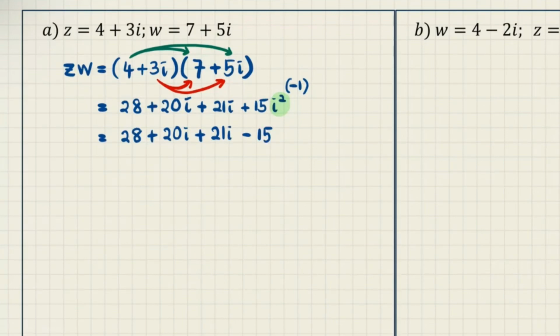Okay, kemudian kita grupkan real dengan real, imaginary dengan imaginary. So inilah 28 tolakkan dengan 15. 28 tolak 15 apa? 13, is it? Yes, okay. So here will be 13.